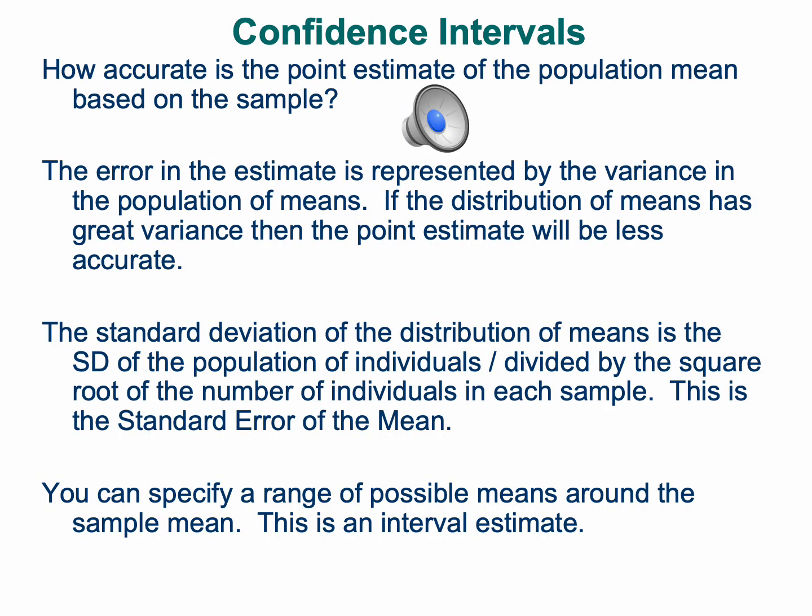Okay, well, how accurate is a point estimate of the population mean based upon the mean of the sample? How accurate would that be? Now, I think you know intuitively that if you have a small sample, it's probably not going to represent the population mean very well. If you have a larger sample, it's going to represent it better, but then as you go up in sample size into really high numbers, you're not going to increase your accuracy of representing the population mean.